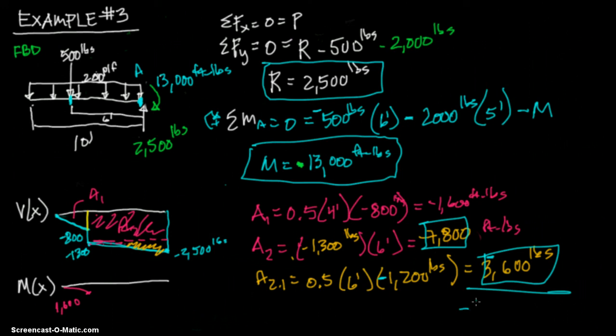The sum is negative 11,400 foot-pounds. Now we want to go in there and say, alright, we had negative 1,600 minus negative 11,400 equals 13,000.